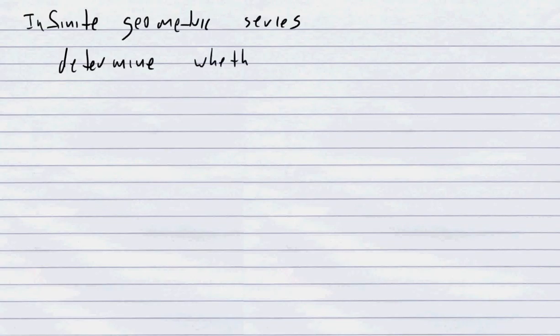Infinite geometric series. And we're going to do two things with infinite geometric series. First off, we need to determine whether it is a divergent series or a convergent series.